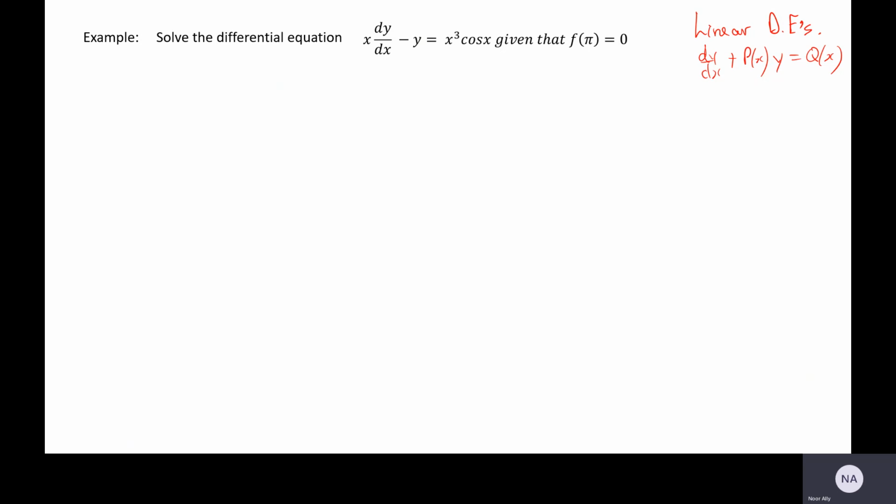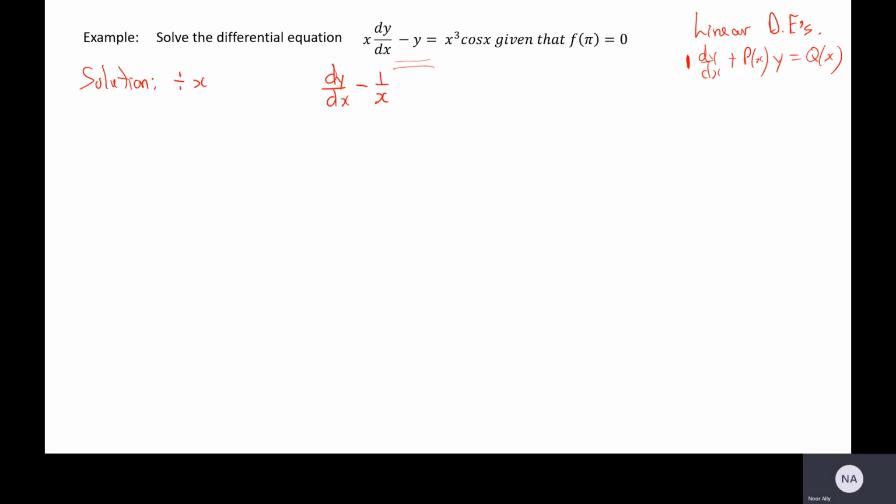Now let's look at this equation. Is that in the correct form? No, we need a 1 over here. And there's the x. So in my solution, step number 1 would be divide every term by x. So I get dy/dx minus, now look carefully what I'm going to do.